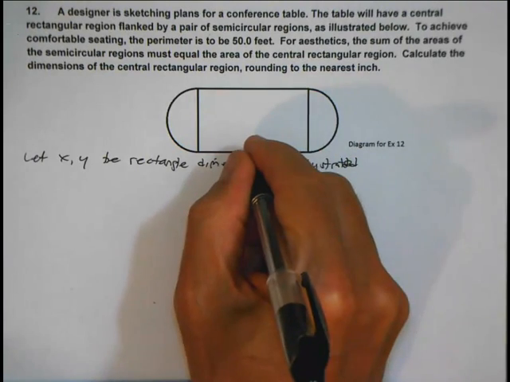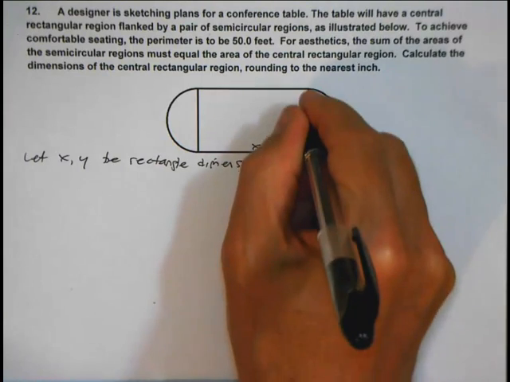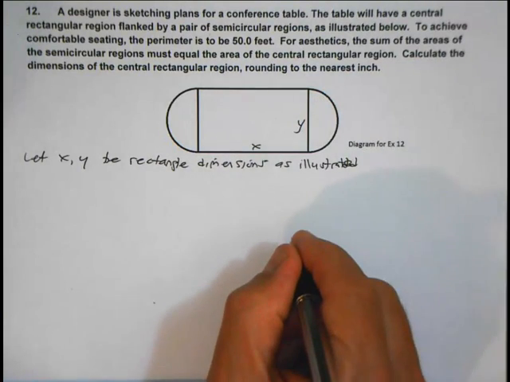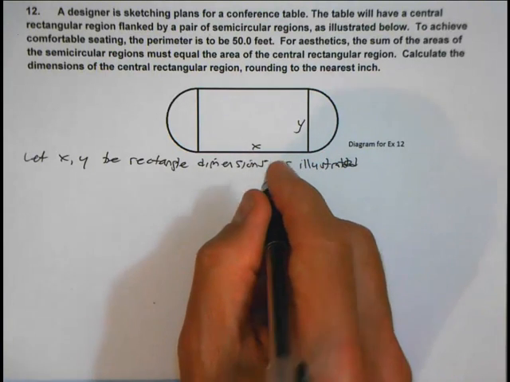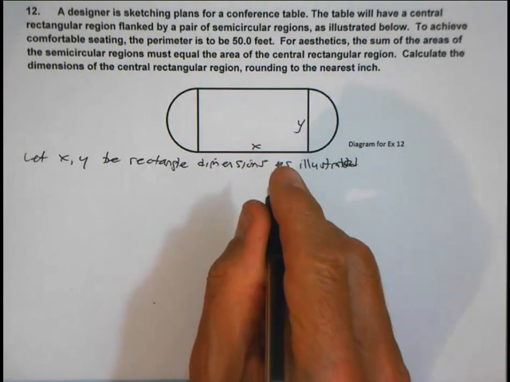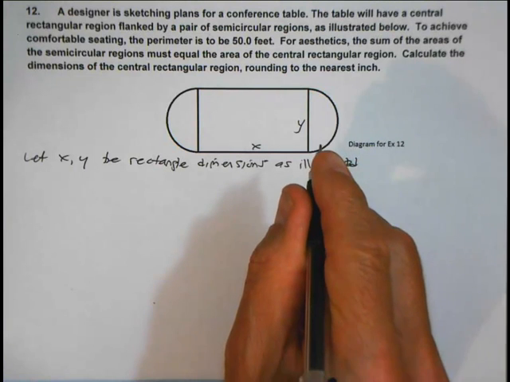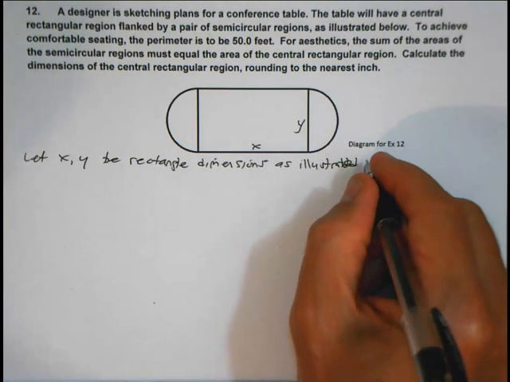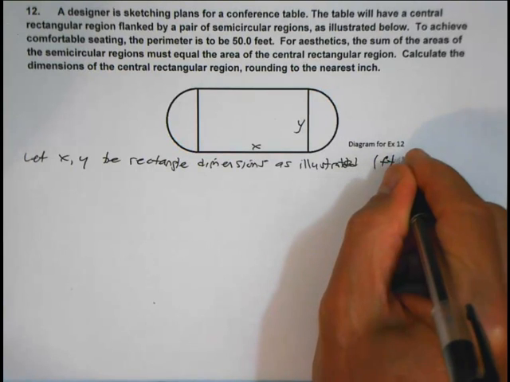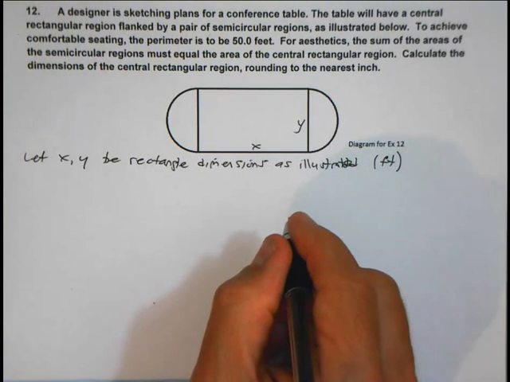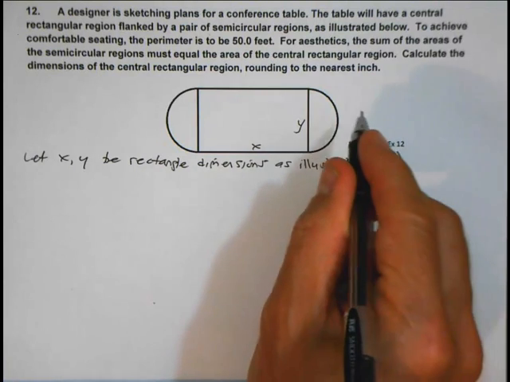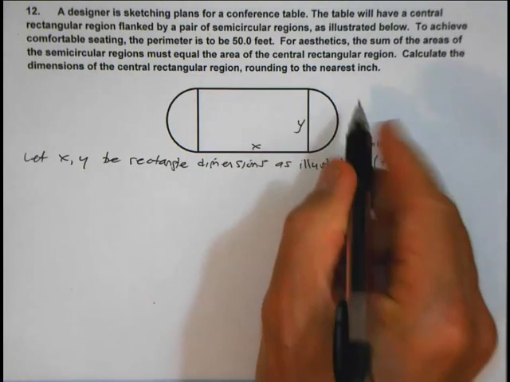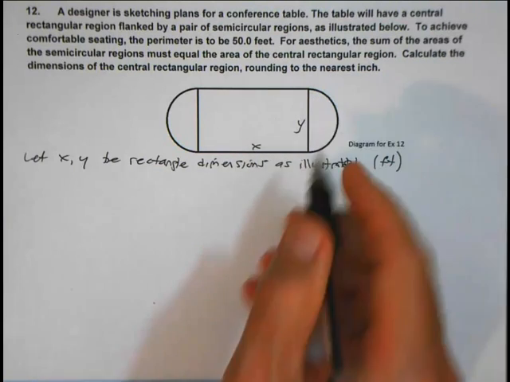Maybe we choose x to be along here, y along here. The units of measure, since our perimeter is in feet, that's probably the easiest to work with. So here we'll say feet. Of course, when we ultimately record our final answer, we'll record the number of feet and the fractional part of the feet in terms of inches to meet this requirement here.